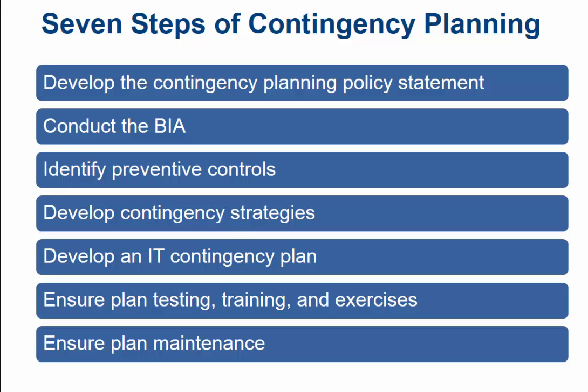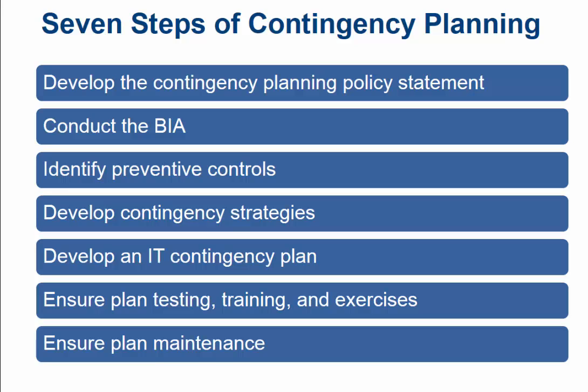As we mentioned earlier, NIST, the National Institute of Standards and Technology, has published Special Publication SP 800-34 Revision 1, titled Contingency Planning for Federal Information Systems. This is where a lot of organizations go, whether they're Department of Defense, federal, or private industry. These are some good standards to go by.